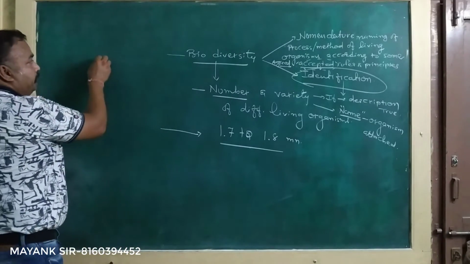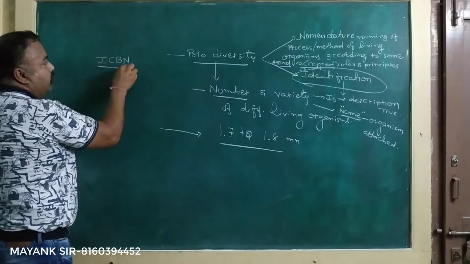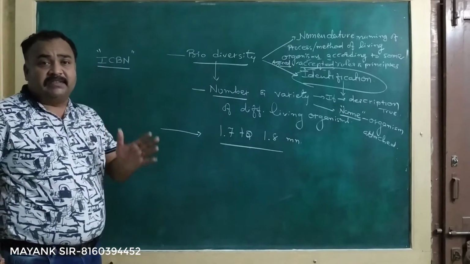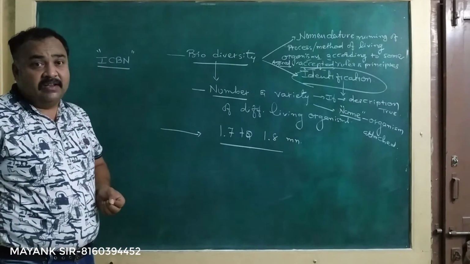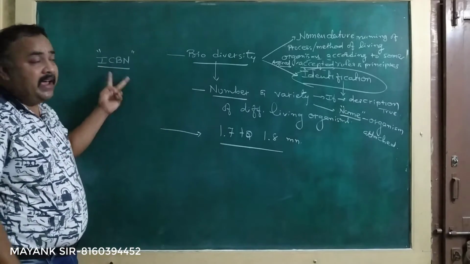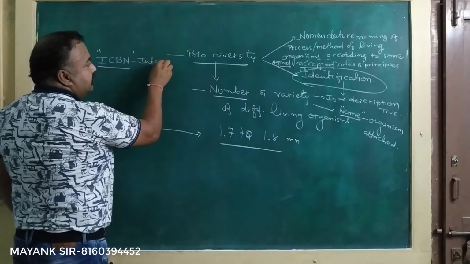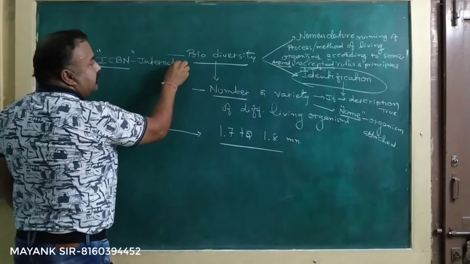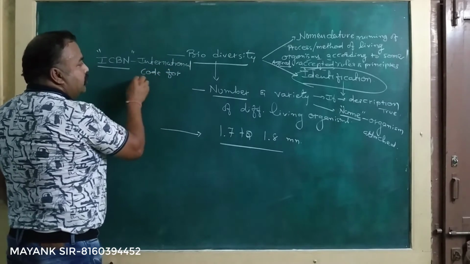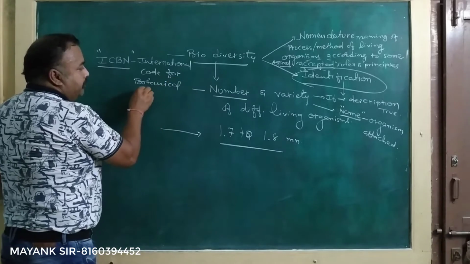For naming the plants, everyone must follow the rules, principles and criteria which are designed by ICBN, International Code for Botanical Nomenclature.